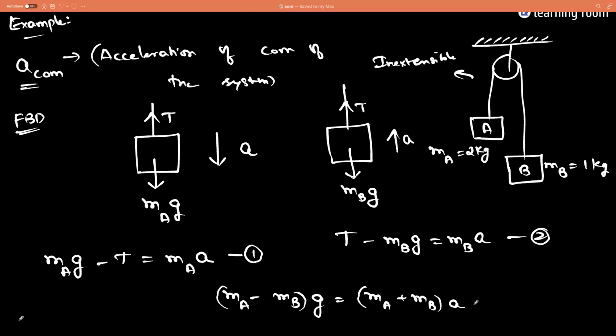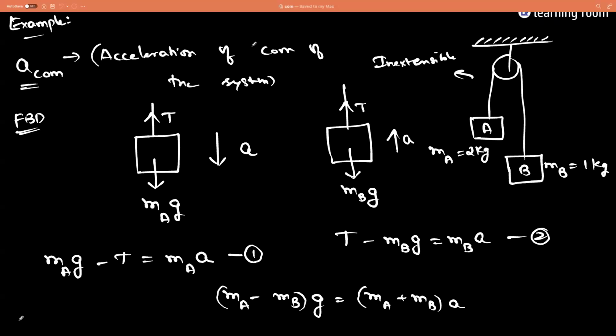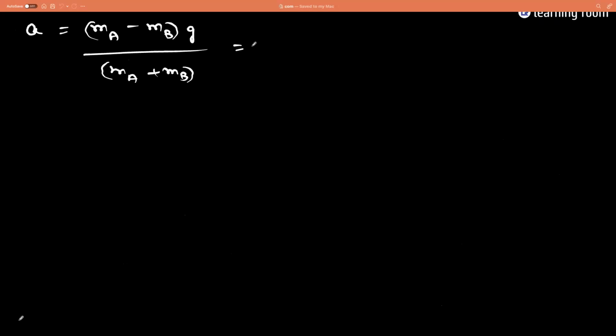So what will be the acceleration? a will be equal to (M_A minus M_B) g divided by (M_A plus M_B). So M_A minus M_B is 2 minus 1, so 1 into g divided by 2 plus 1, which is 3. So the answer will be g by 3.